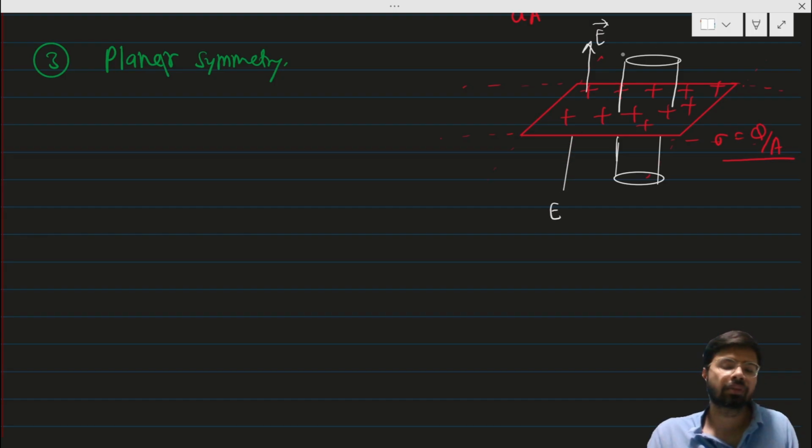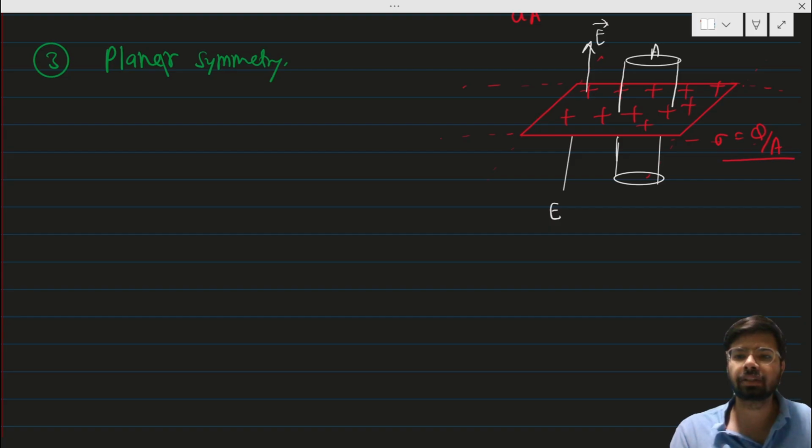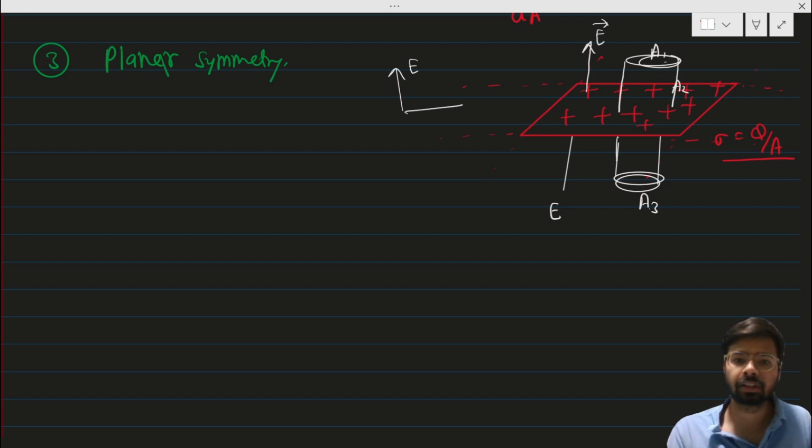According to the previous case, this area can be considered as three things: A1, the upper one, this is A2, and this is A3. But in this case, A1 and A3 will contribute because the electric field lines are in this direction and the area vector will be in this direction, and theta will be 90 for the case A2.